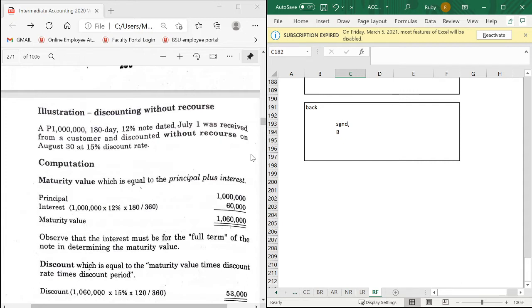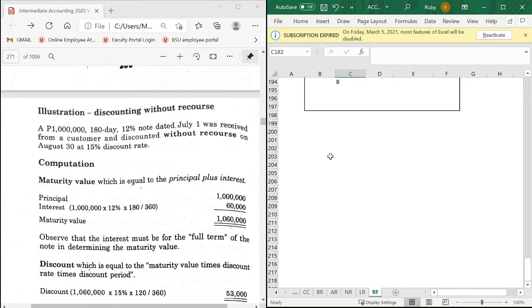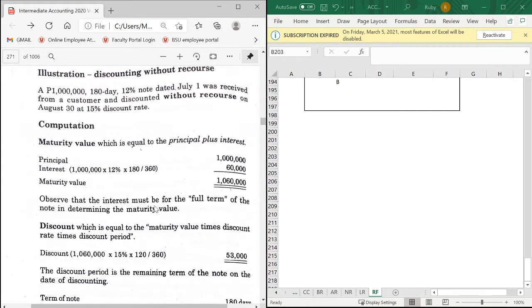So, ang discount period is from August 31, July, August, to September 30. 30 days. Maturity value is equals to principal times interest, plus interest. So, ang interest is, tatandaan nyo, yung time.